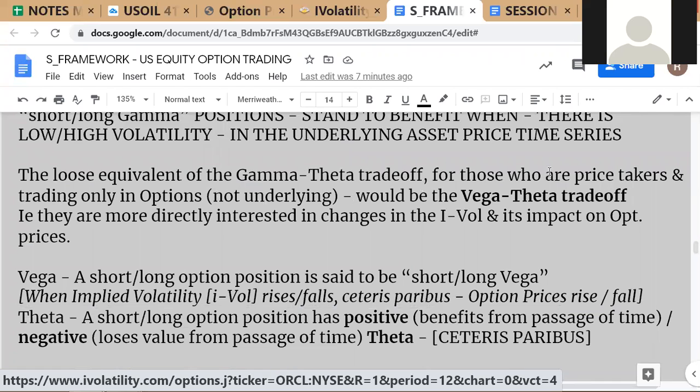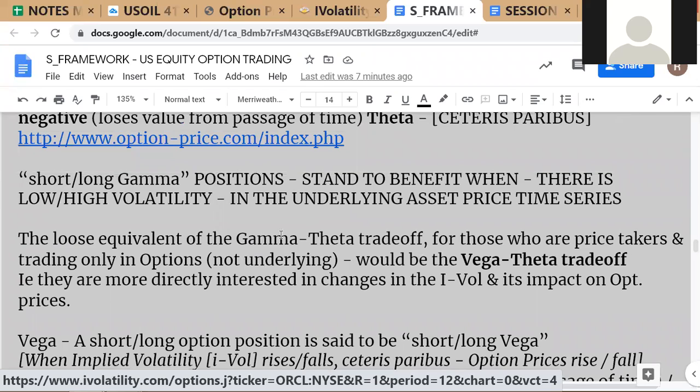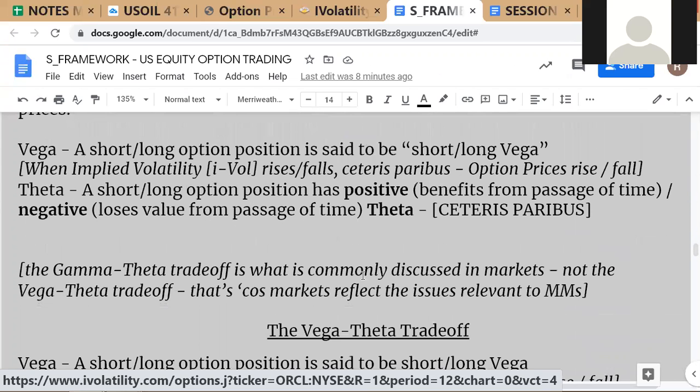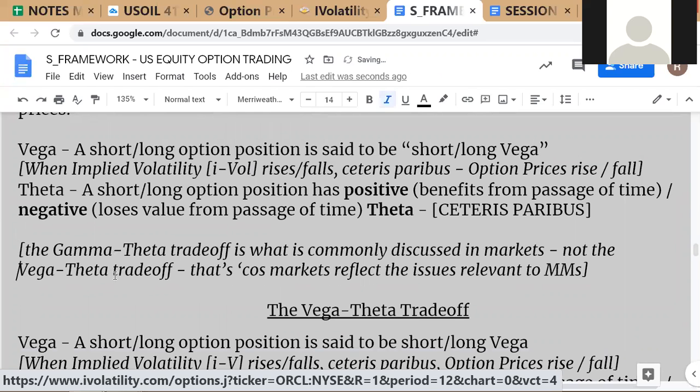Now, for those who are price takers, we are not really concerned with the gamma theta trade-off because we don't make trades in the underlying asset. So we are concerned with the Vega theta trade-off. And what you have to understand is that when I use this term Vega theta trade-off, which I'm teaching you because you're doing this particular project, and I'm not letting you trade in the underlying asset.